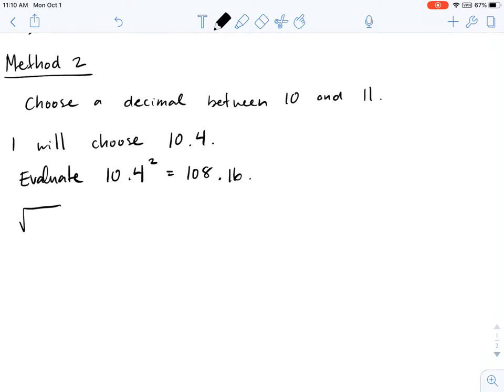And so I'm saying that 108.16, after taking the square root, should get me 10.4, which falls in between 10 and 11. And so we can say 108.16 is one correct answer.